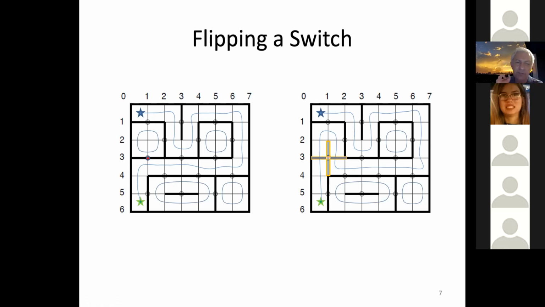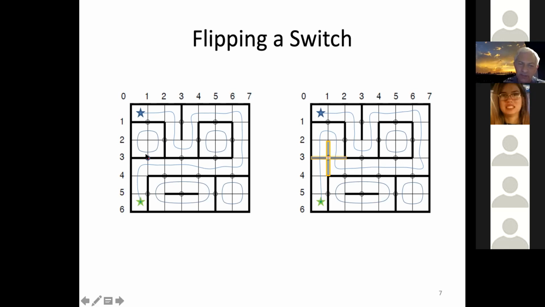So by flipping a barrier, what did we do? We added one of the cycles to the start and end path. That's right. We took the path and merged a cycle into it.